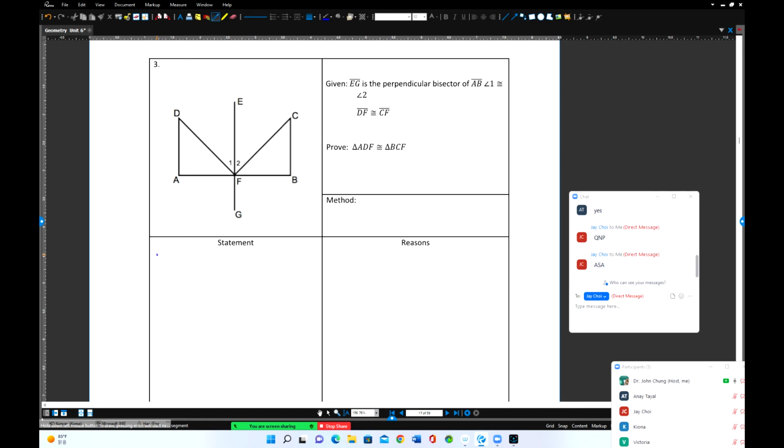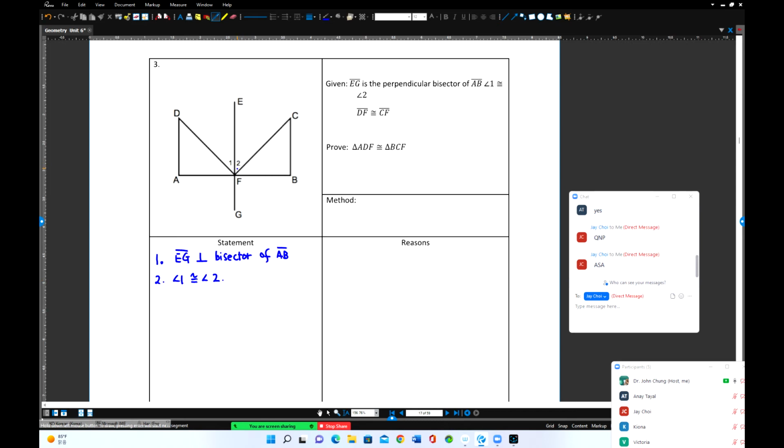Now I'm going to write down the given first. EG is a perpendicular bisector of AB. And second one is angle 1 congruent to angle 2.